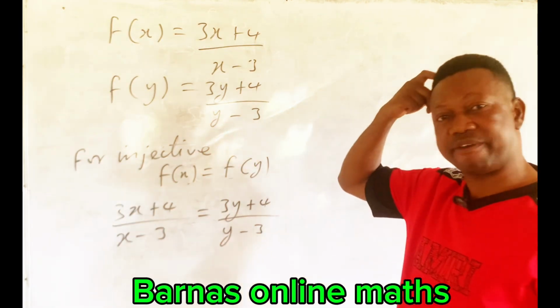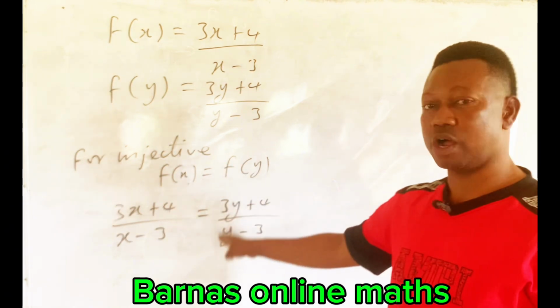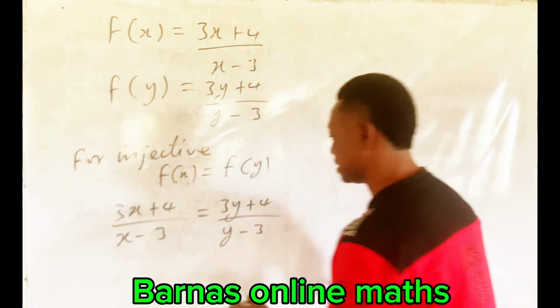Now we are going to simplify this. How do we simplify this? We are going to cross multiply.